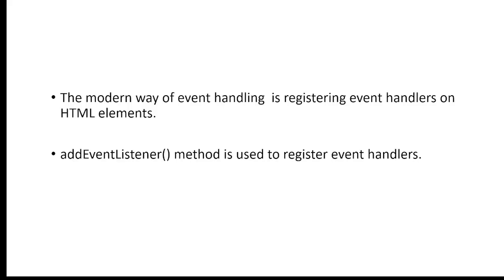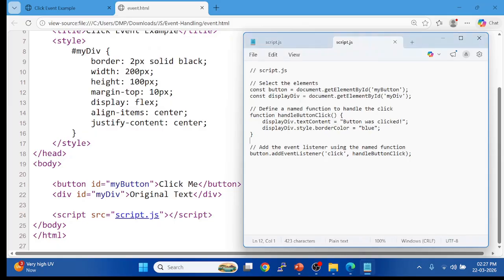In the modern event handling method, we have to register the event handler using the method addEventListener on an HTML element. See this function called addEventListener. It is invoked on the element button.